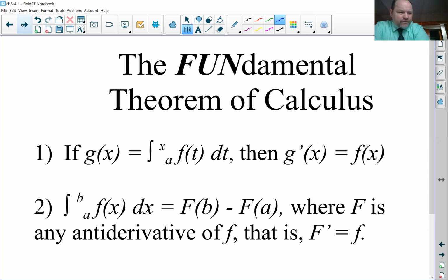If we have an integral from a to b of f of x dx, that is the same as capital F of b minus capital F of a, where capital F is any antiderivative of little f. That is, capital F prime is equal to little f.